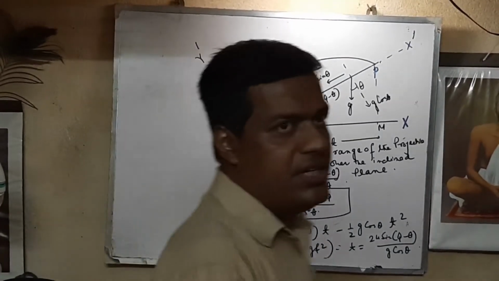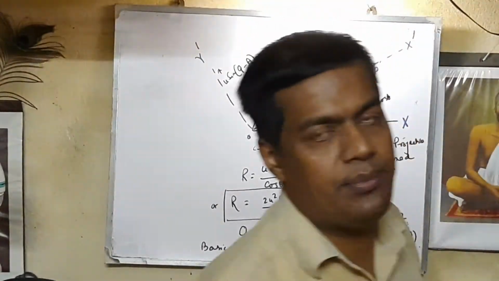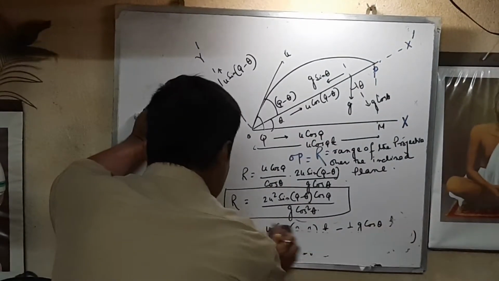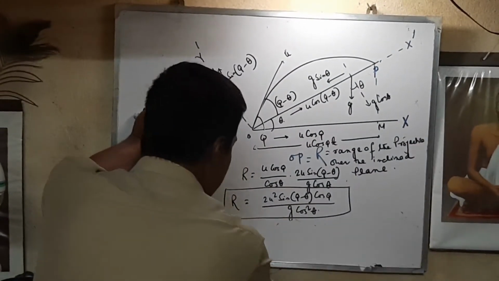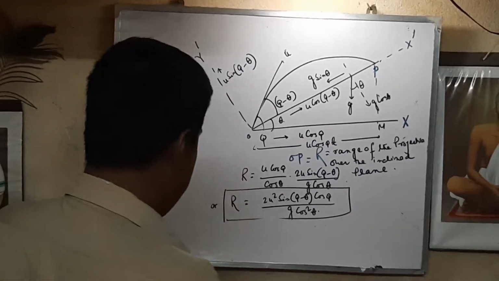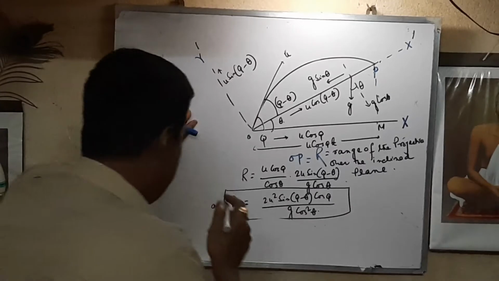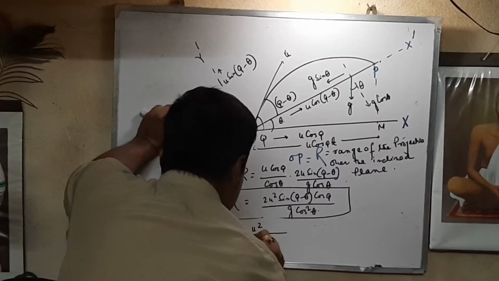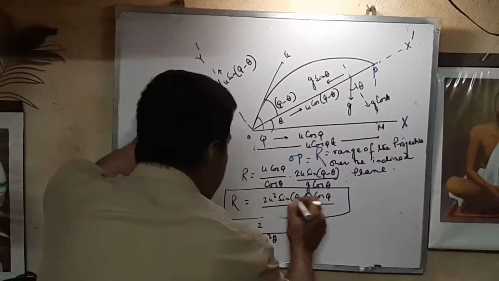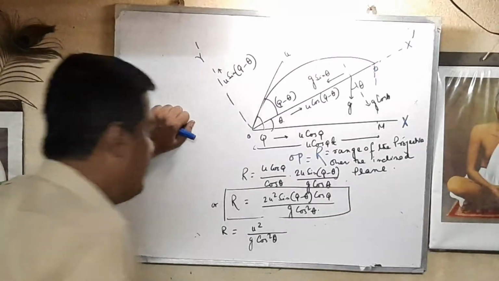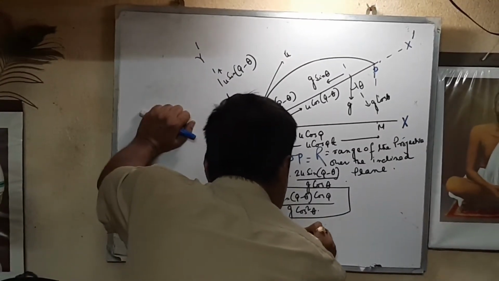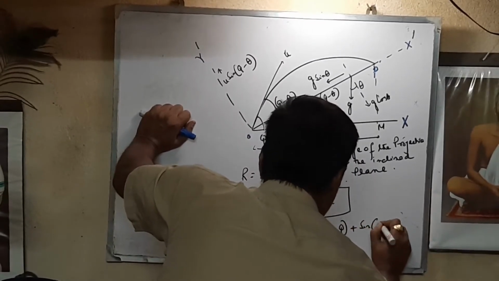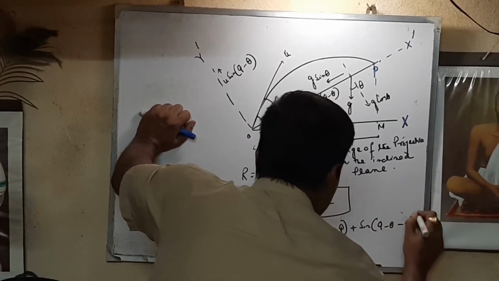Now let us find the condition under which the range of the projected body over the inclined plane will be maximum. Therefore, R equals u square by g cos square theta times 2 sine a cos b, that is sine of a plus b plus sine of a minus b.